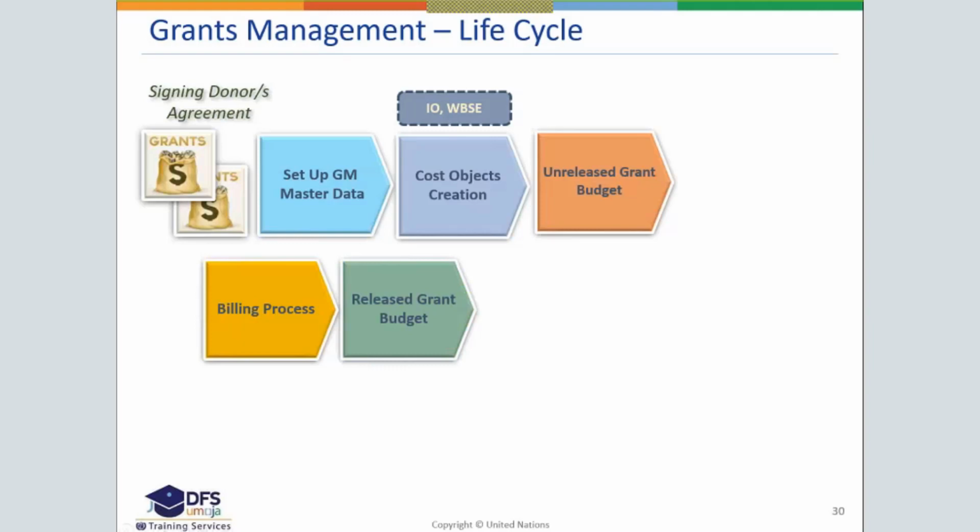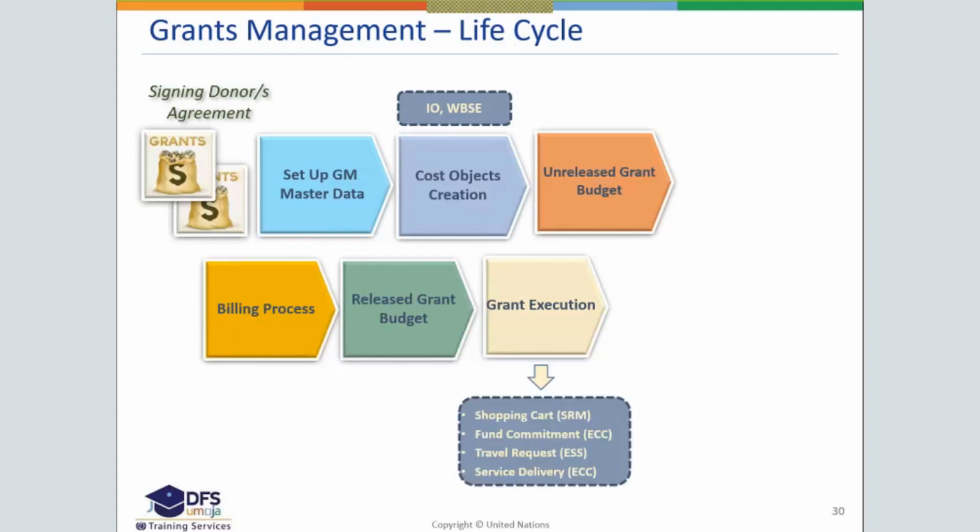So this budget is released in accordance with the reporting requirements in the donor agreement. So once we have our money ready to be spent, we will spend it properly. Funds pre-commitments, funds reservations, fund commitments, shopping carts, whatever. And once all the activities have been done related with this grant, we will close our grant and it's done.